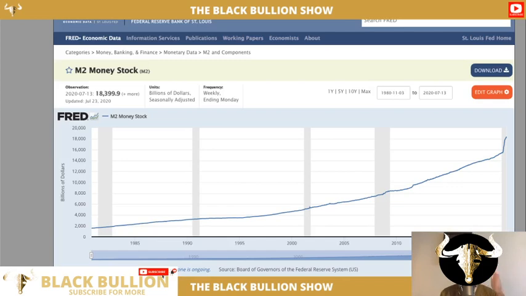So now let's take a look at the M2 money supply. So this is the growth of the M2 money supply over time. Now here, going back to the end of Q3 of 1997, let's see if we can scroll down over there. Because it's not going to give you the exact date, we're going to stop at Monday, September 29th, 1997.